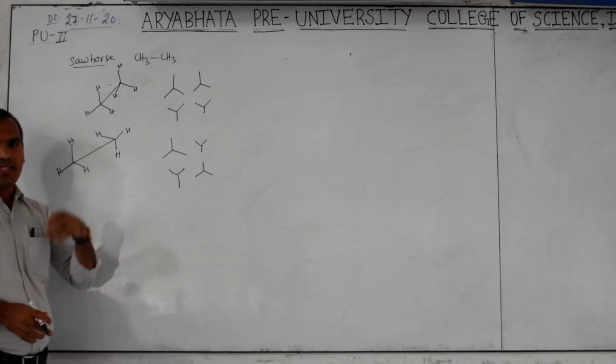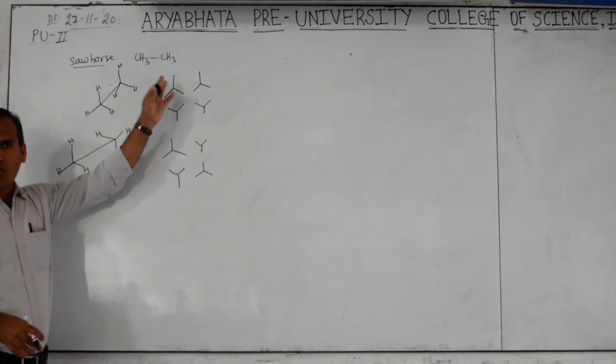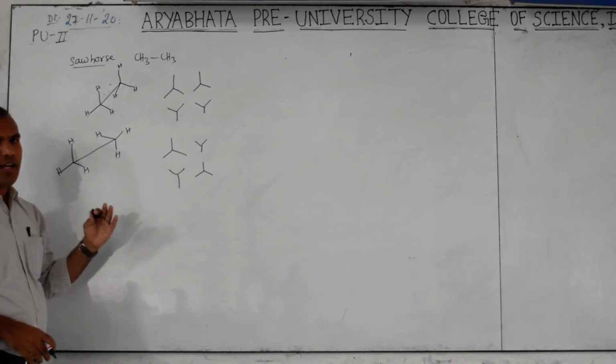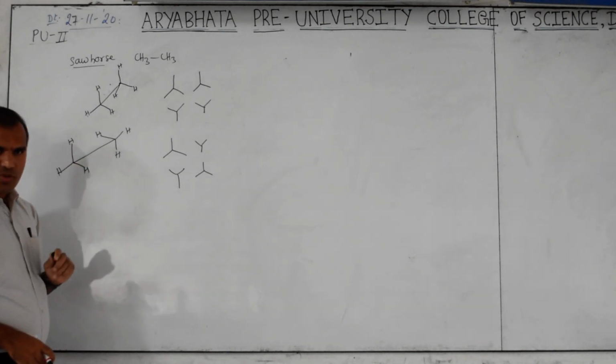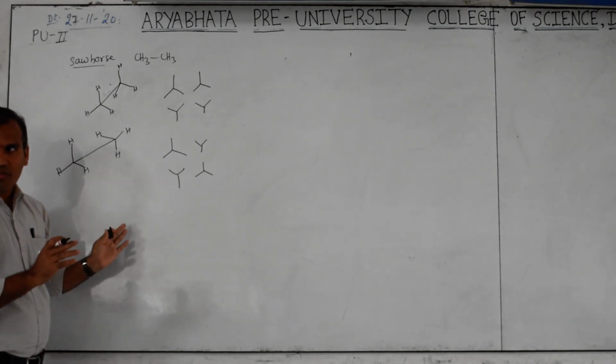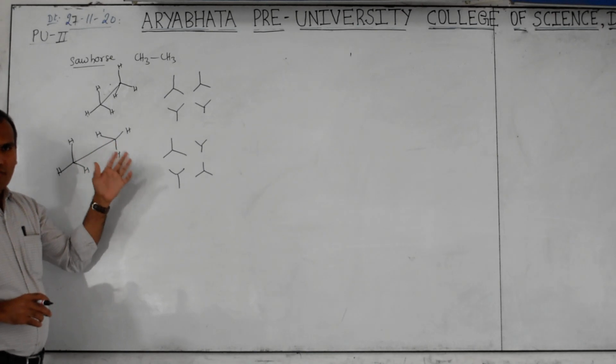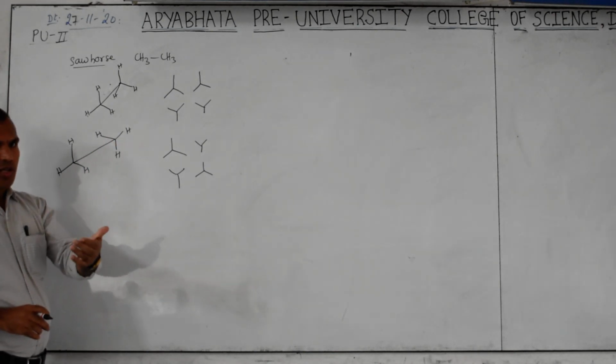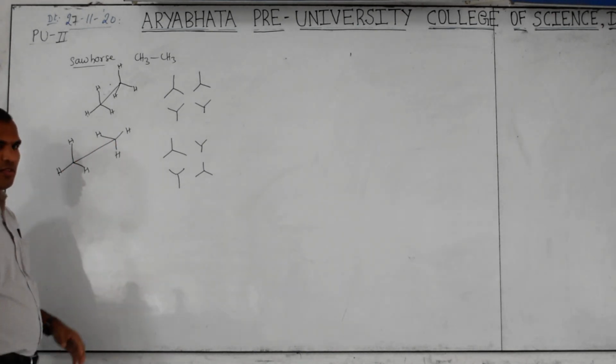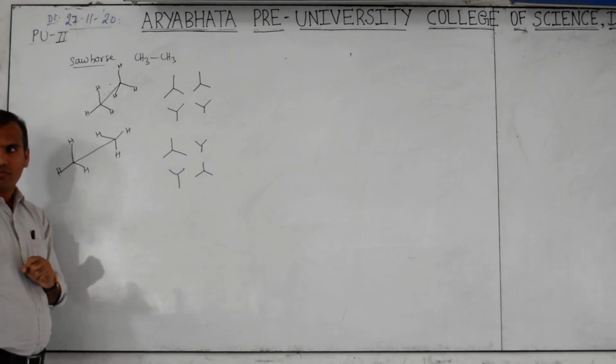We can directly say the answer, staggered or eclipsed. This is one short way to identify eclipsed and staggered in Sawhorse projection. This much only. Generally, we are not using this structure for the complete expression of any other molecule. It is just which one? Side view. Yes.